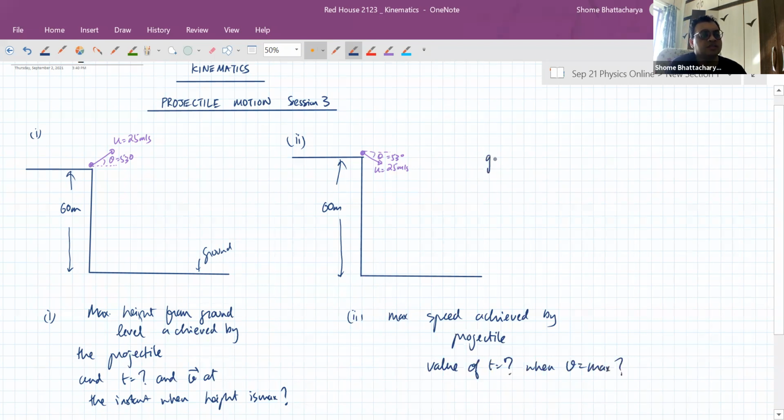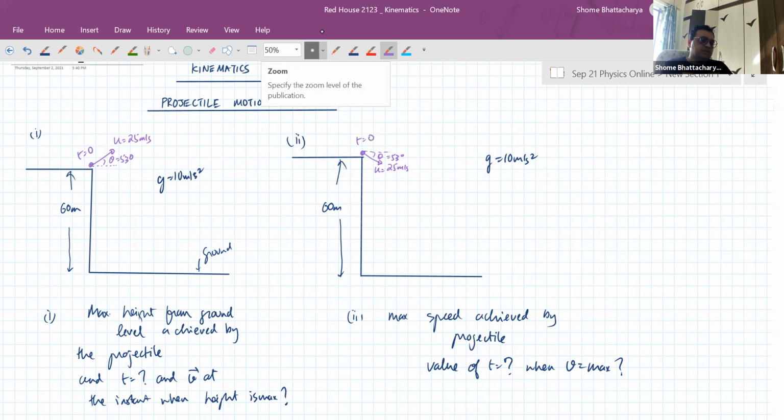Okay. In both cases, take g as 10 meters per second square. So you can think of it like a continuation of the problem we had done in the last lecture, you remember. Okay. So just start with this question, people, then I will come to a couple of doubts that people have asked from the worksheet also.